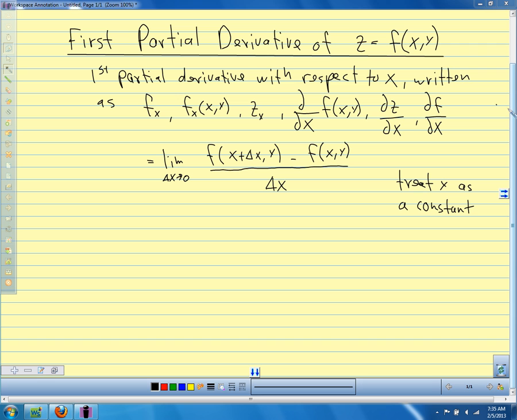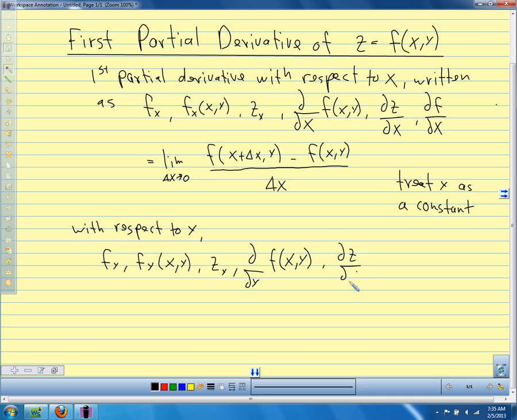And we can do the same thing with respect to y. Our first partial with respect to y, we're going to write f sub y, same list of symbols: f sub y of x, y, z sub y, d d y of f of x, y, d z d y, or d f d y.